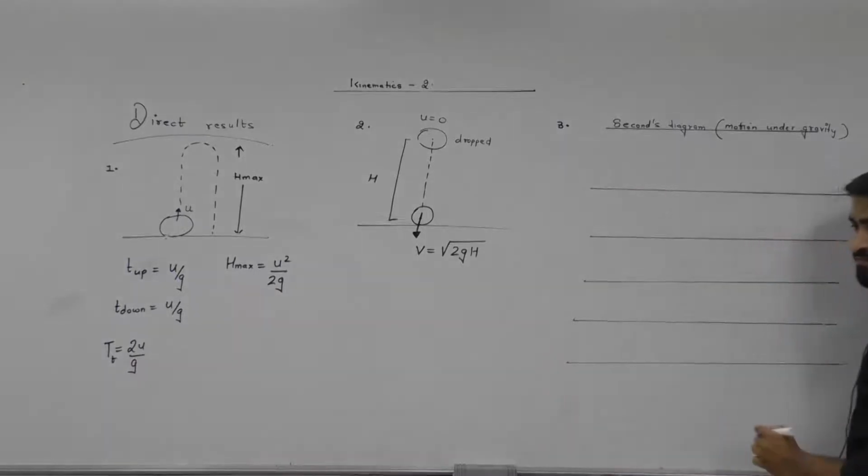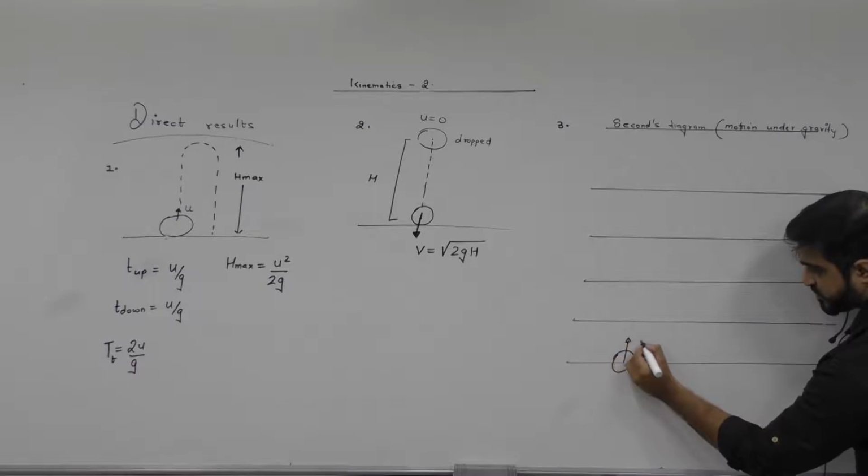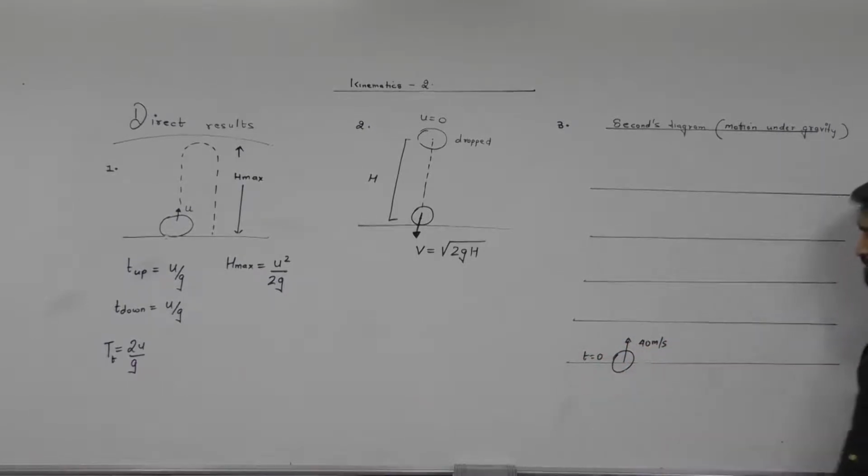Suppose I throw a ball up with the speed of 40 meters per second at time 0. I throw a ball up with speed 40 meters per second at the 0th second. You know what is the value of g? 10. Means every second there will be a decrement of 10.